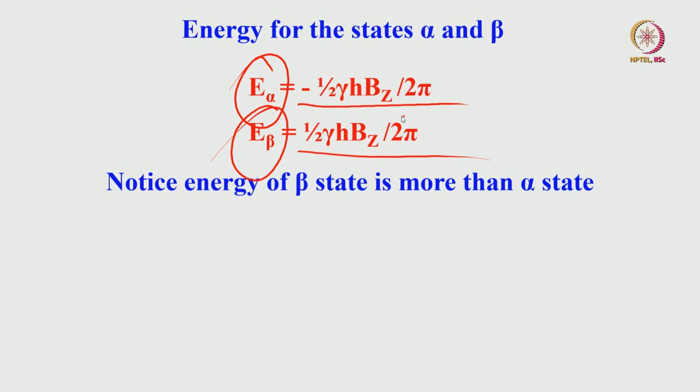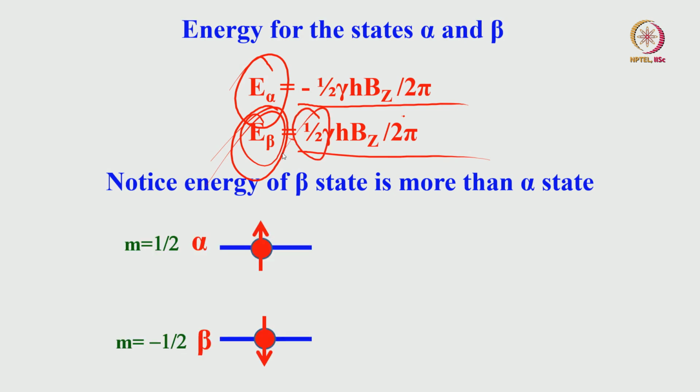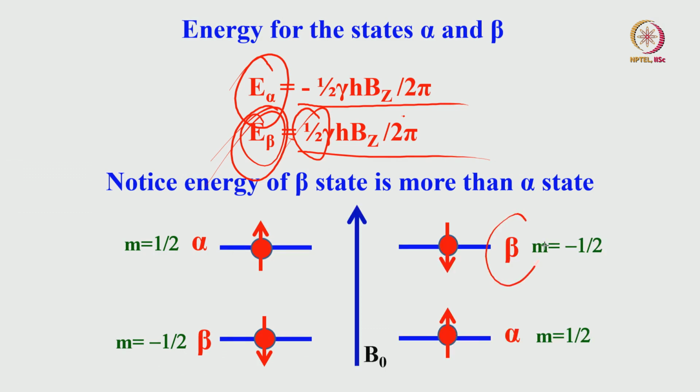Of course, you know why, because E equal to minus mu dot B naught, as I told you. Since the minus is there, the beta state is minus half, minus half into minus half is plus half. As a consequence, as soon as you put it in the magnetic field, m equal to minus half is the higher energy state, and m equal to plus half is the lower energy state.